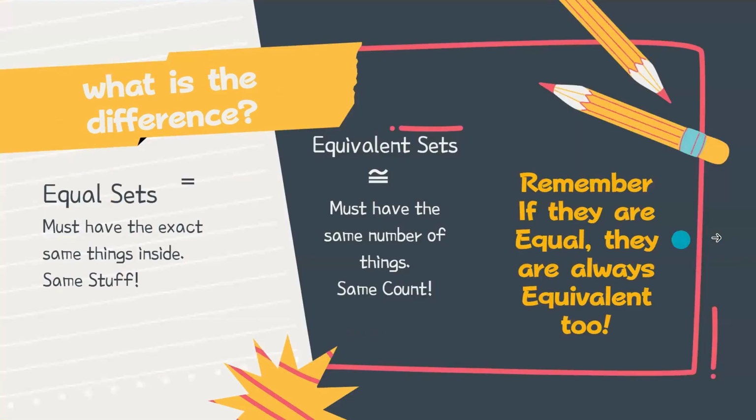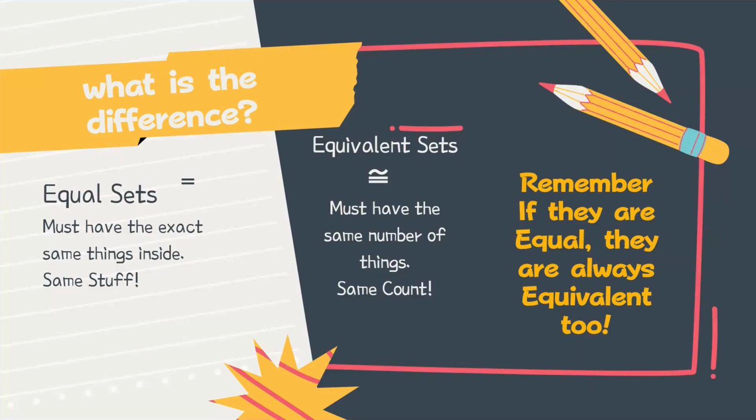Now, what is the difference? So earlier we talked about equal sets and equivalent sets. Equal sets, with the symbol, must have the exact same things inside. So this is same stuff. And for equivalent sets, it must have the same number of things, same count. So for equal sets, for example, set A has 4 green balls, set B has 4 green balls.